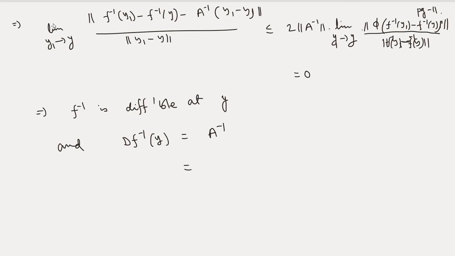And what is A? A is the derivative of f at the point x equal to F inverse of y, and we take the inverse of this. So this is equal to A inverse.